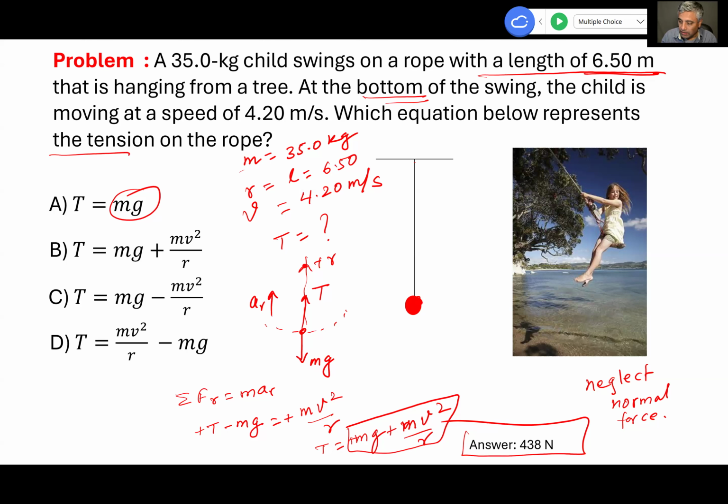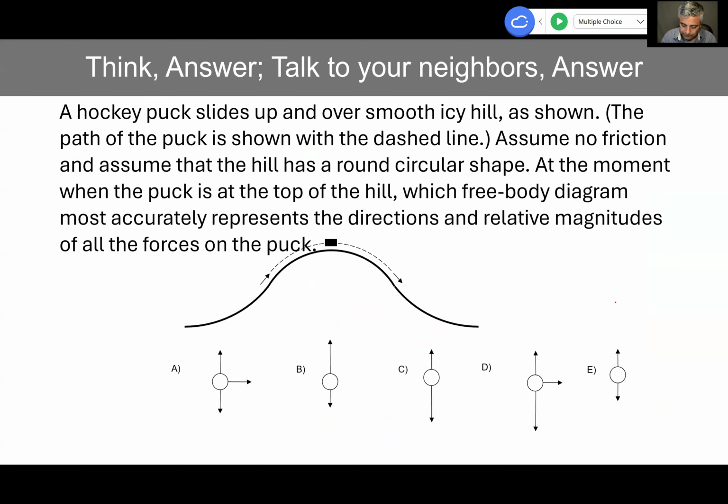Okay. So moving on, here is another question. So now it is like a roller coaster, but in this case, the roller coaster is not going underneath the track, rather it's going above the track, right? So let's start with the free body diagram.